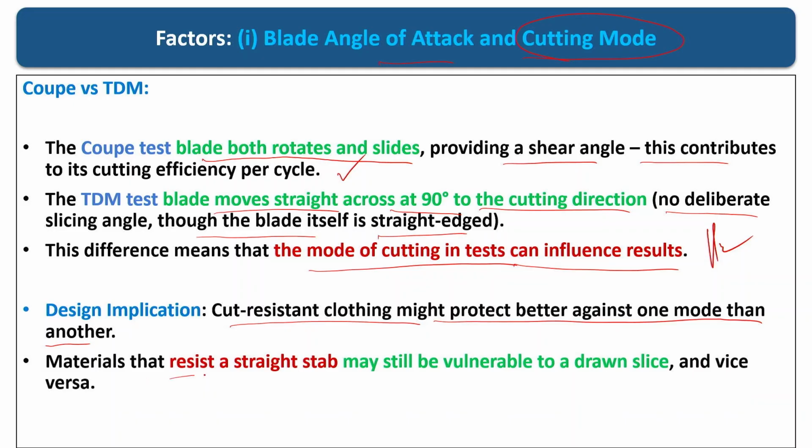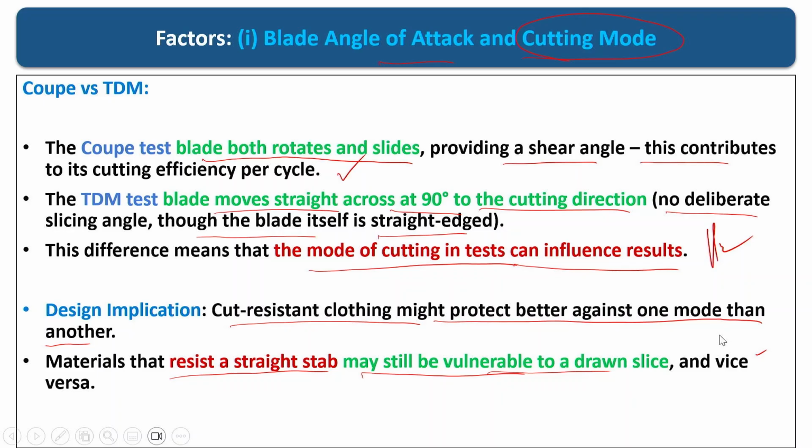So, materials that resist the straight stab may still be vulnerable to the draw slice or vice versa. So, that may not be sufficient. A good material for straight stab may fail during the draw slice.